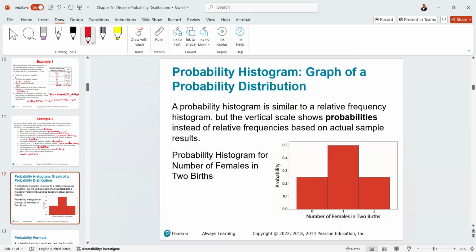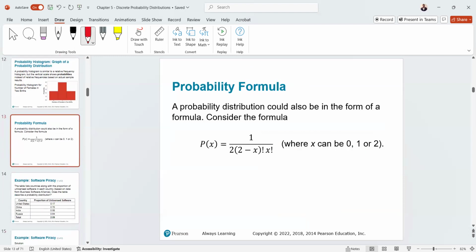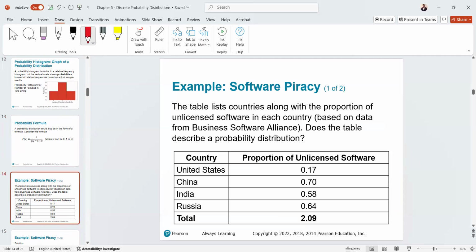So the probability histogram for the number of females in 2 births, for example, is something you can see in the book. There is even a formula for it. For the specific examples from the book, I strongly advise you to take a look. You would see also from the book that the formula works in this particular case.